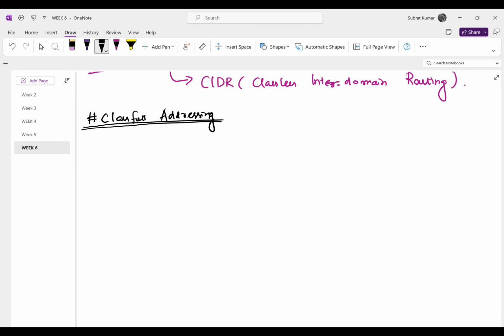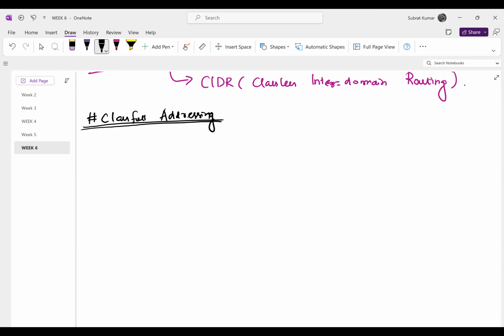In classful addressing, there are 5 classes: Class A, Class B, Class C, Class D, and Class E. What they did is divide the type of address into different types of addresses.